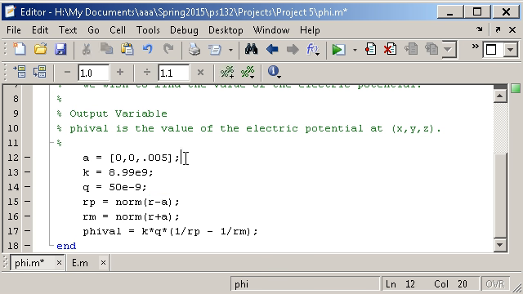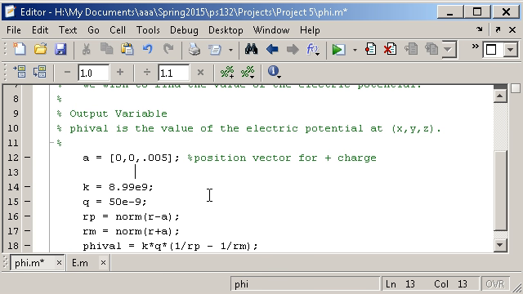We can think of this as the position vector for the positive charge, and I'll add a little bit to that.